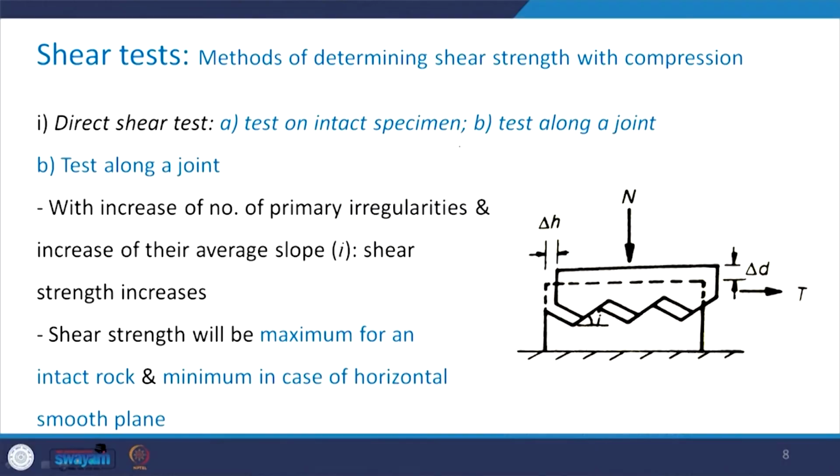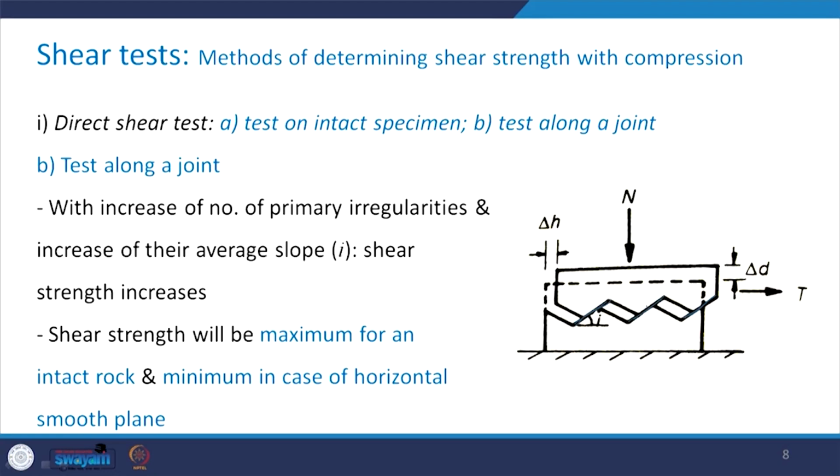Now, consider the increase in the number of these primary irregularities and the increase in their average slope. As I mentioned, these primary irregularities are macroscopic, and the sliding is taking place along them. Regarding average slope, in this particular figure all these surfaces are parallel to each other, but it may not be the case in the field.